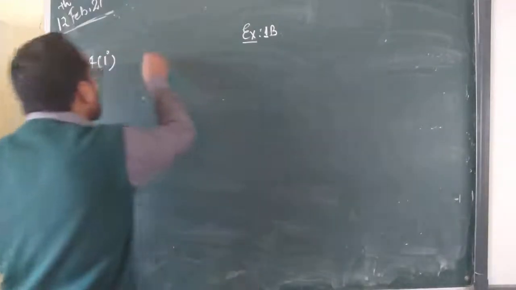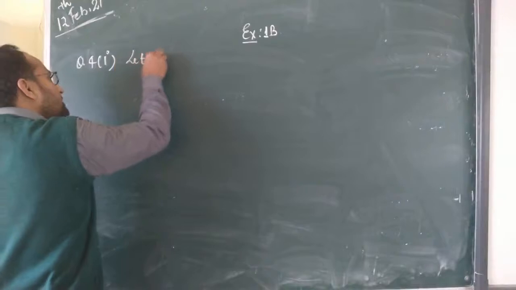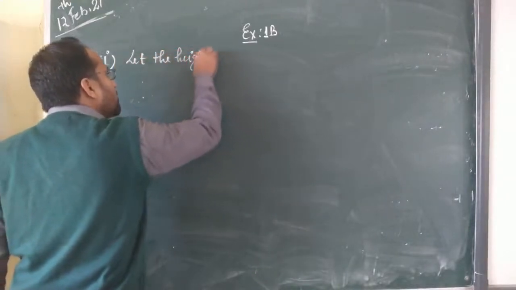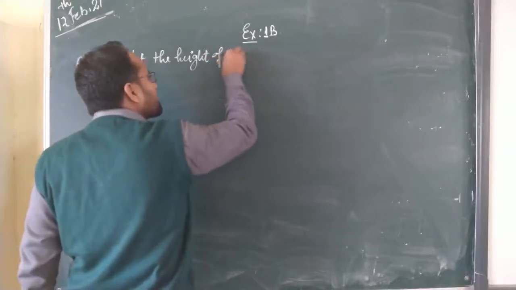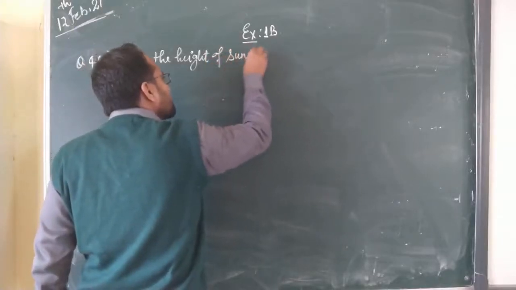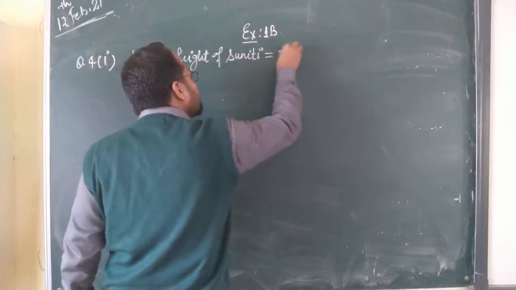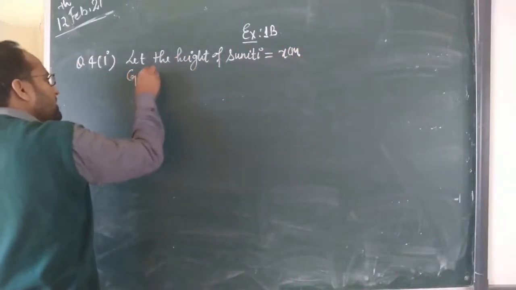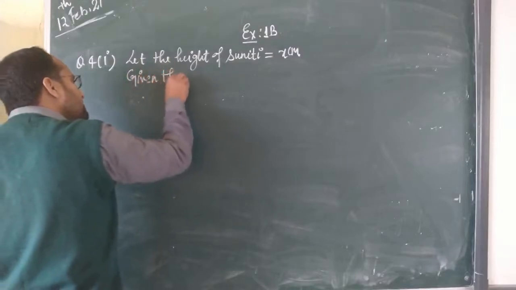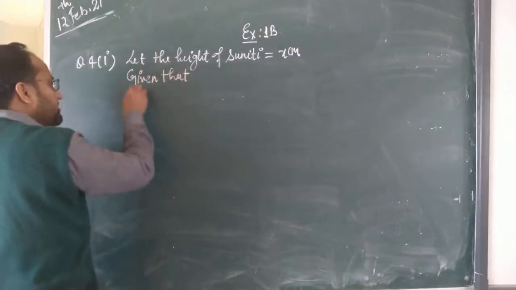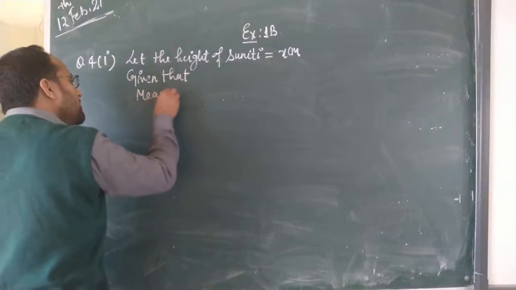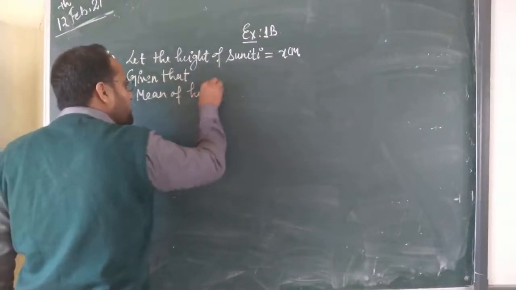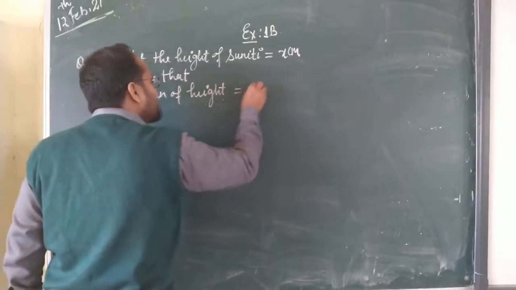So let the height of Suniti be x centimeters, and it is given that the mean height is 148 centimeters.